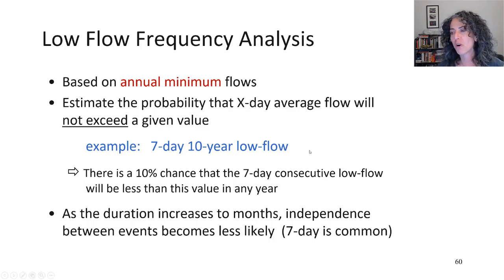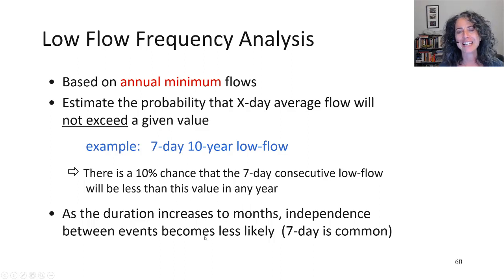So this is just one value off the family of frequency curves that we're interested in. The 7-day refers to the duration that we're averaging over, and the 10-year is the return period, which means the 10% non-exceedance probability. So the 7-day, 10-year low flow means that there's a 10% chance that the 7-day consecutive low flow is going to be less than this value in any year.